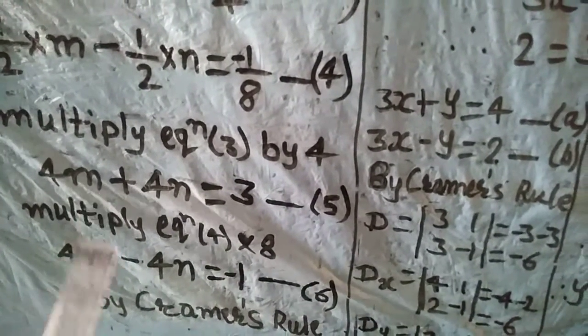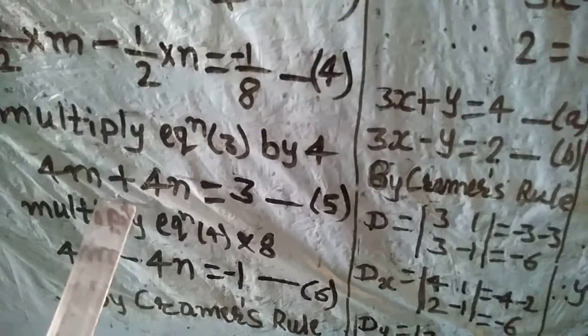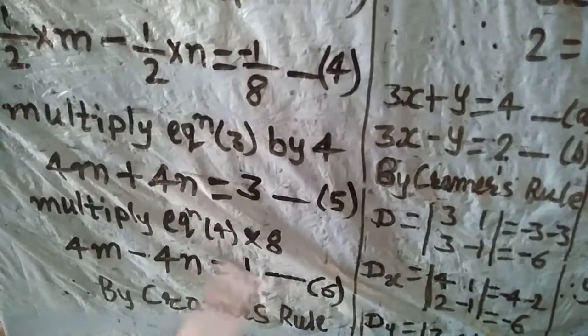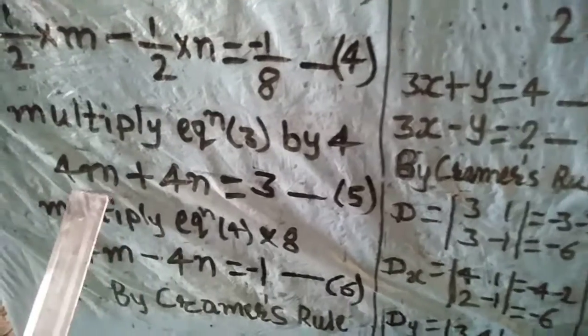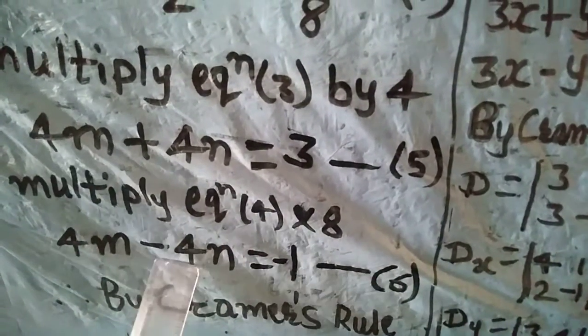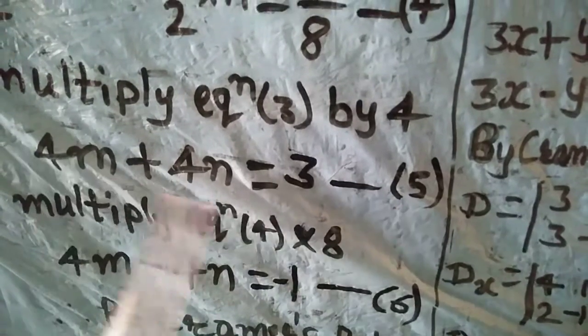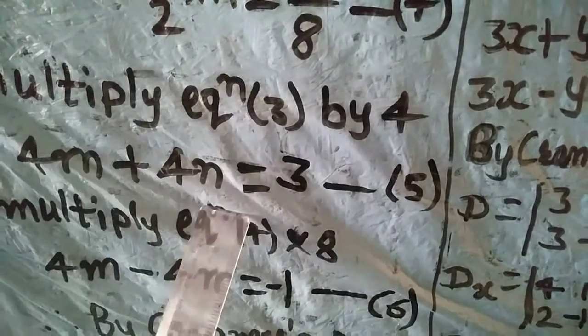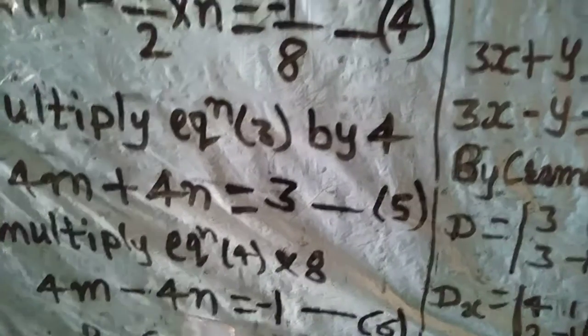So our determinant D consists of the coefficients of m and n of both equations. So 4, 4, 4, minus 4, these are the coefficients of m and n.